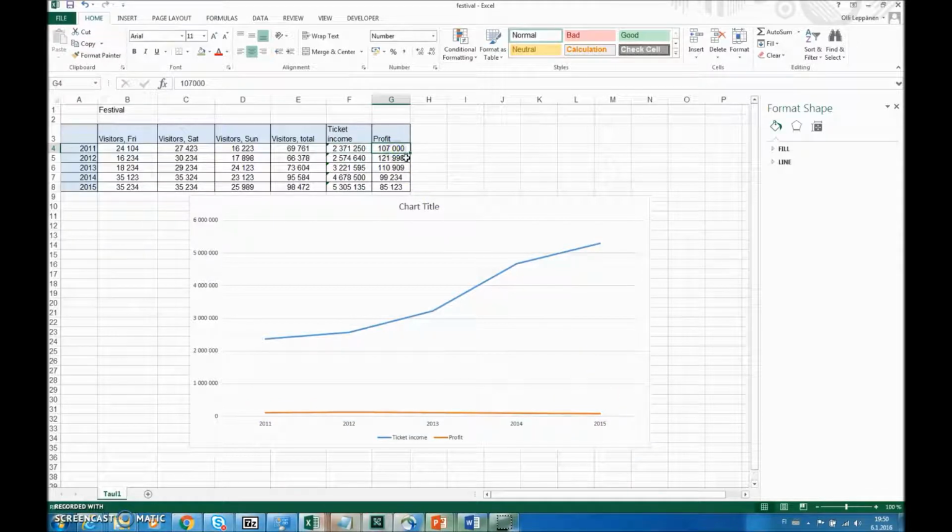But if we take a look at the numbers here, there is a problem, because the profit has decreased every year, and it's about 1/3 lower in 2015 than in year 2011. And think about if we show the key numbers of this festival with this kind of chart, it hides a very important piece of information, that our profit has gone lower and lower every year.